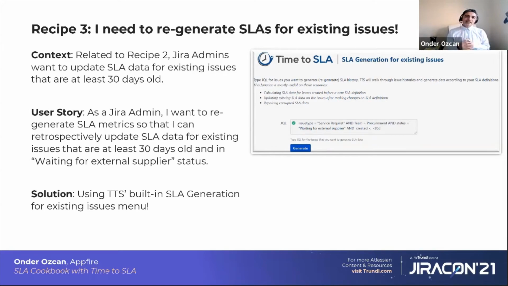After formulating the JQL, all we need to do is hit the generate button. So what happens behind the scenes is Time to SLA is evaluating those JQL statements and determining what data set, what existing issues need to be updated, and it updates all the data that satisfies this condition.